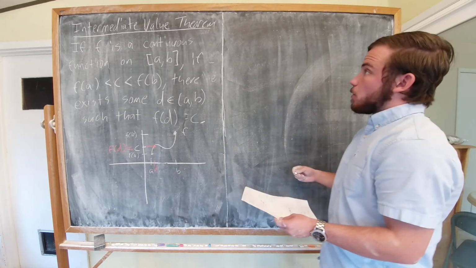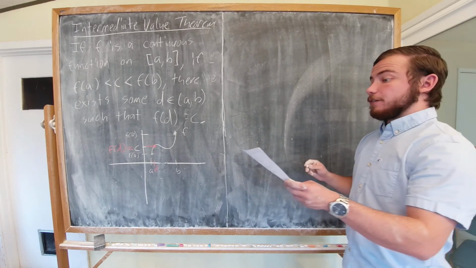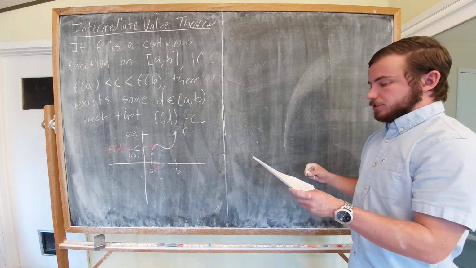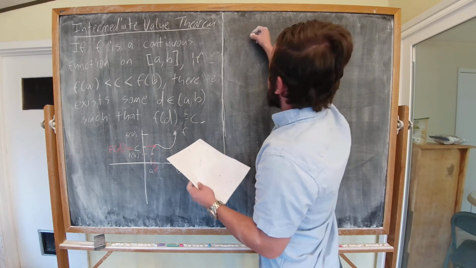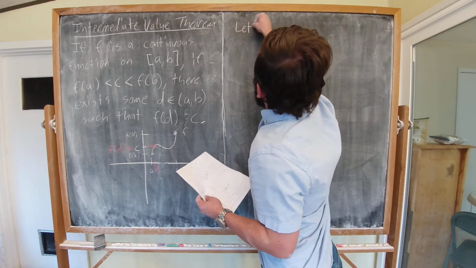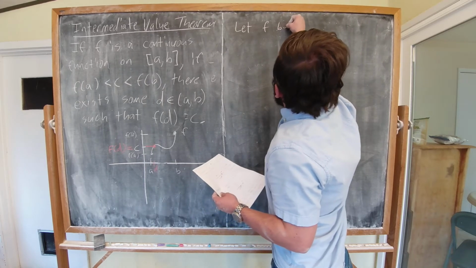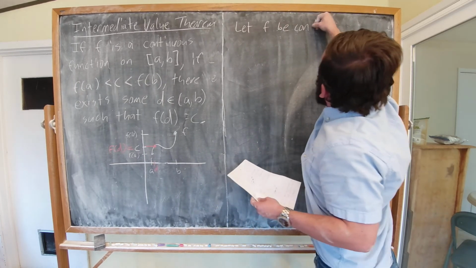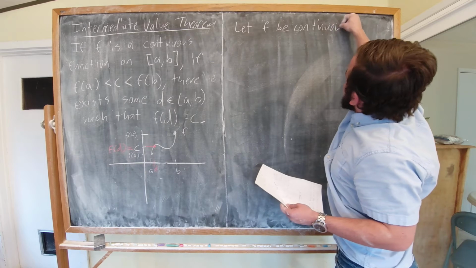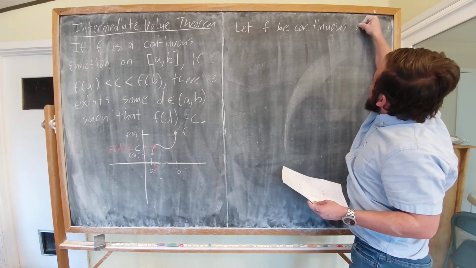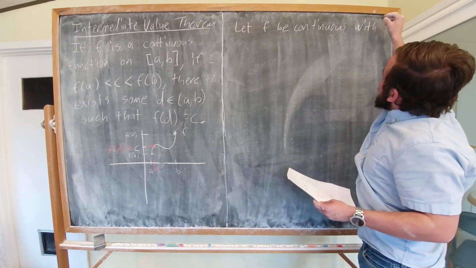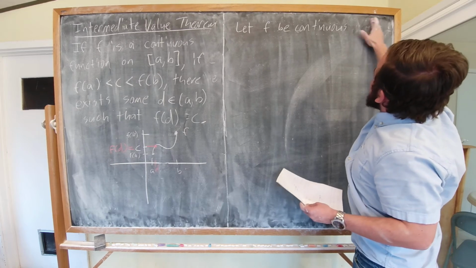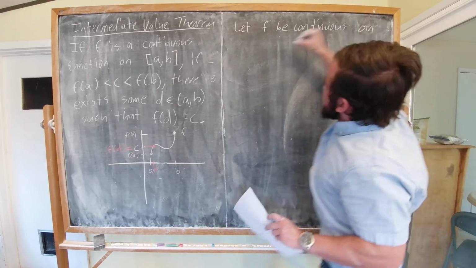Alright, so most important application of the intermediate value theorem is for zeros. Let f be continuous, let's say it's continuous on a to b.